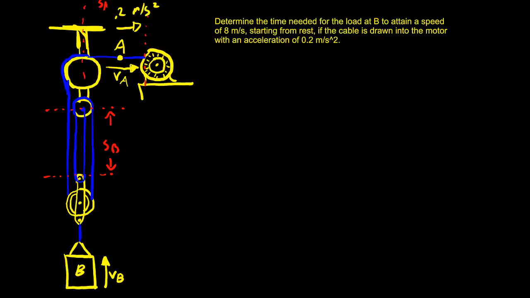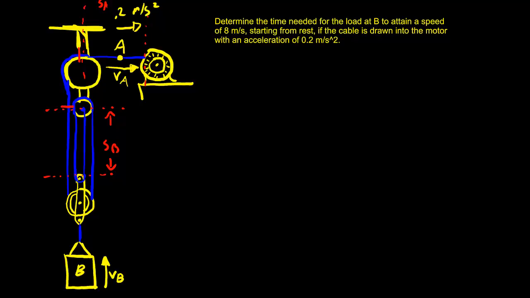The cables outside of the datum lines we're going to ignore, because their lengths aren't going to change. There will be cord moving through them, but the distance from here to here is always going to remain fixed. However, the distance between here and here can move, and this point A is also going to move.